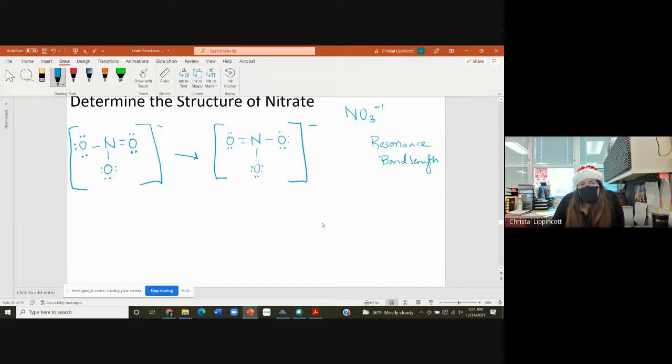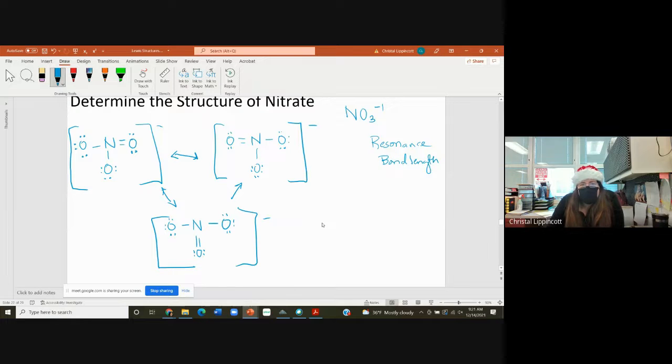And we draw arrows to show that these can go between these structures. And I had it there, so it needs to go down here now. And here, and then I'm going to draw my arrows here.